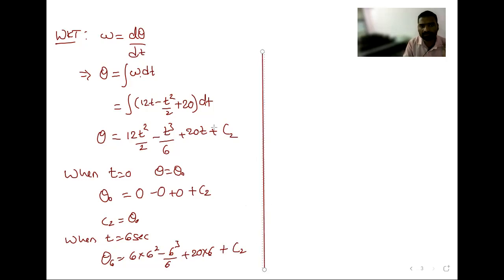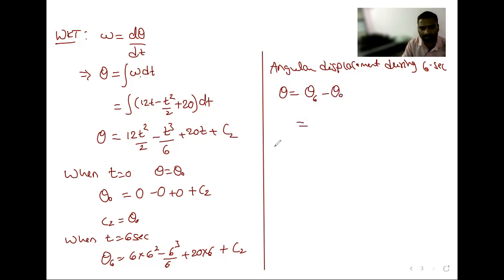ओके हमको displacement चाहिए ना, correct. So angular displacement during 6 seconds, that is nothing but theta is equal to theta after 6 seconds minus theta before, at 0.